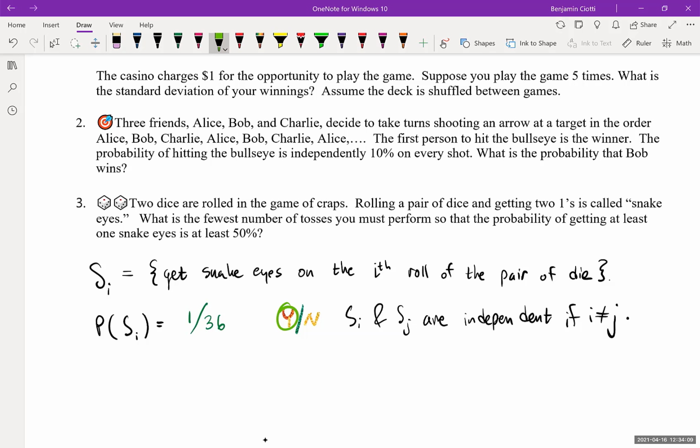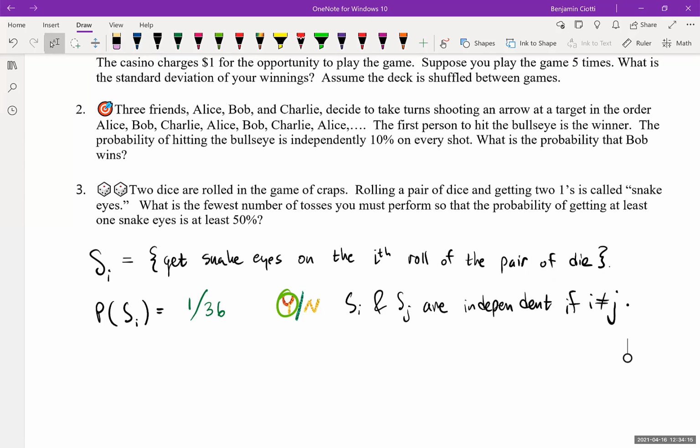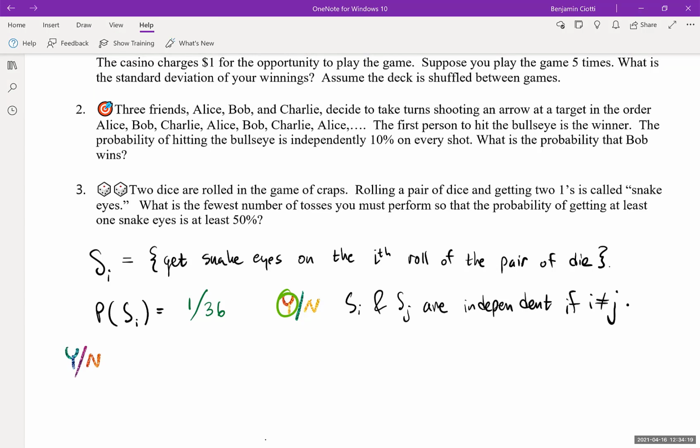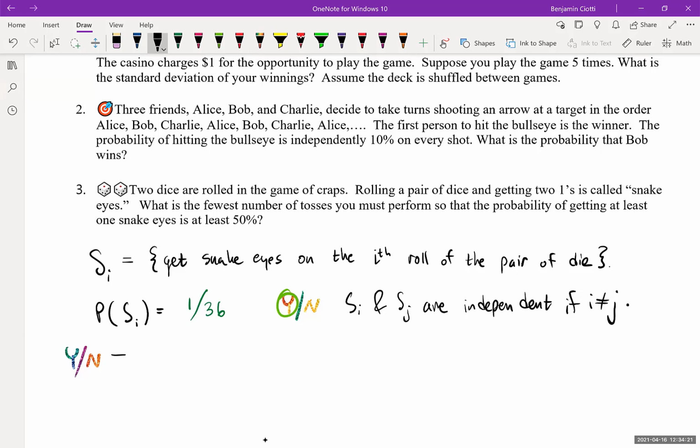How about this? Yes or no, the rolls are Bernoulli trials. And when I say roll, I mean a pair of rolls.